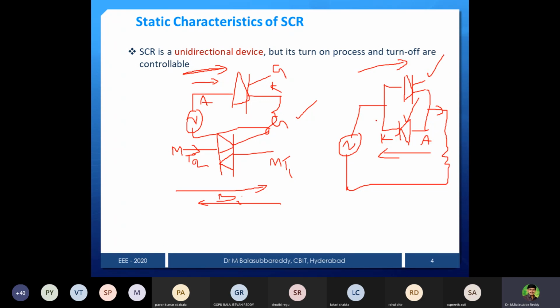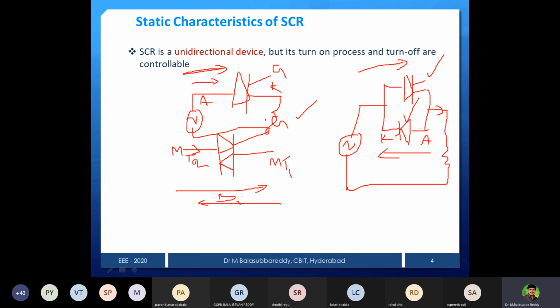So if, instead of using two thyristors in anti-parallel, you replace them with this one, a triac, that is sufficient. But the triac is a low rating device. It will work, replacing the two anti-parallel thyristors with a bidirectional triac, but its rating is less.